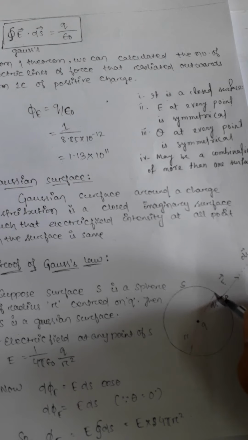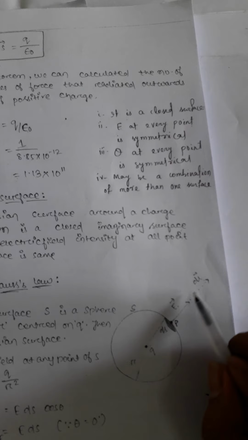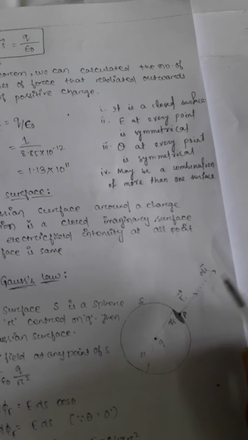If this is the area, then this is the area vector perpendicular and radially outward. And if we put a test charge here, the direction of electric field is also radially outward. So E vector and ds vector are in same direction, that is radially outward, and theta is 0 here.